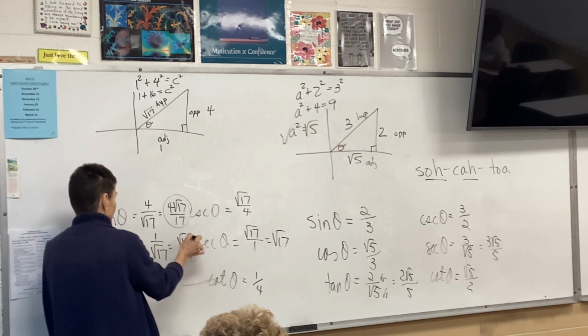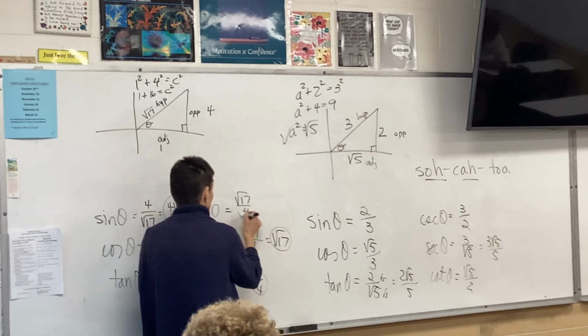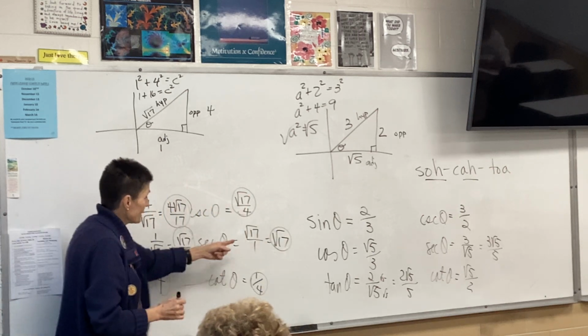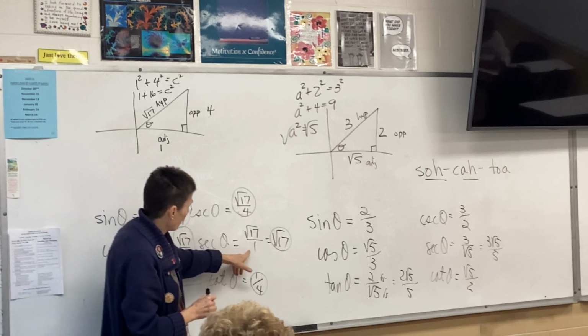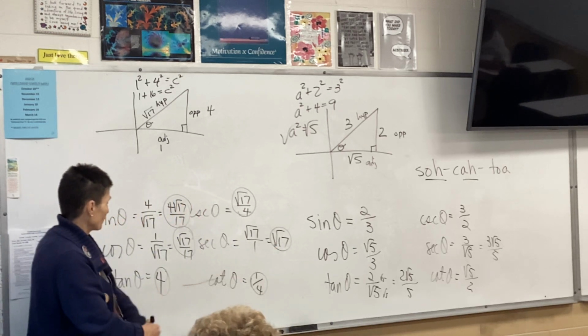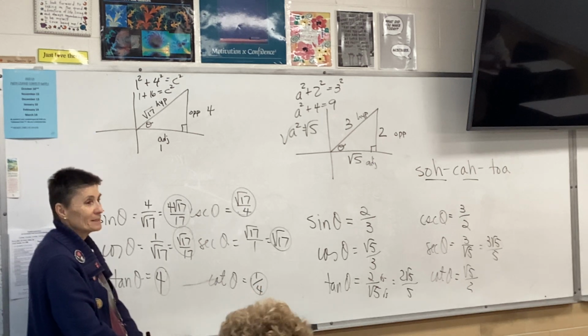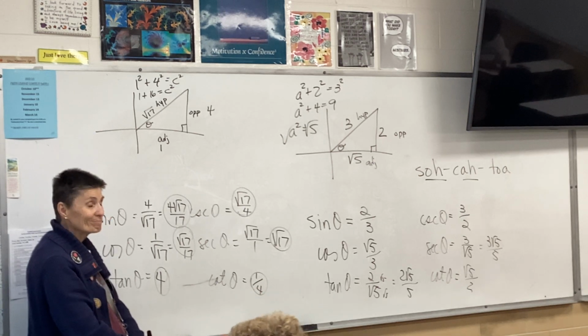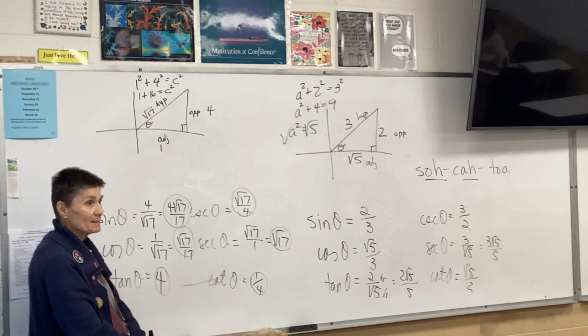And there we go. Remember, anything over 1 is just itself. So I would mark that wrong, but normally we would just write that root 17. Easy. Everybody agree that's pretty darn easy?